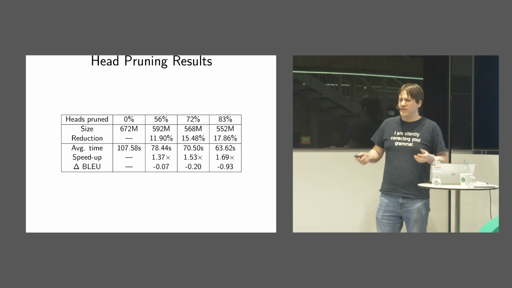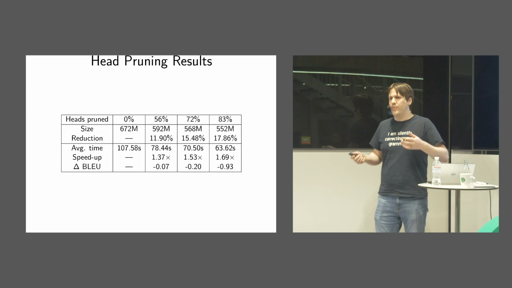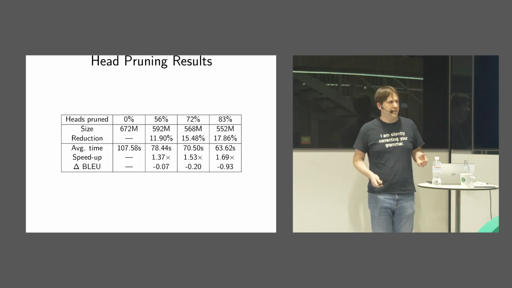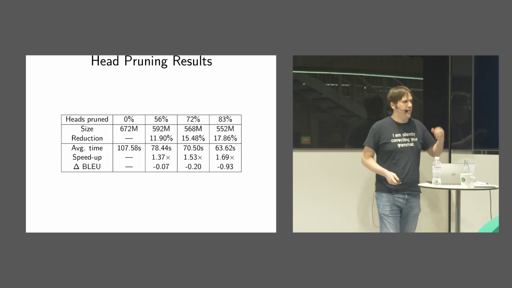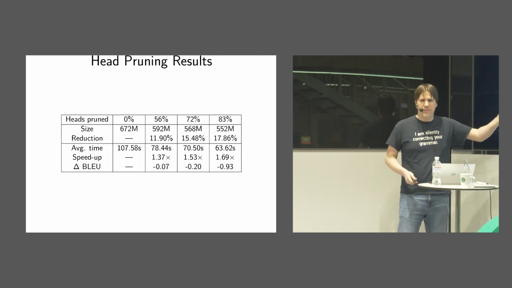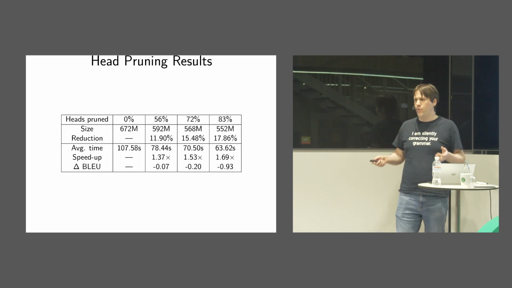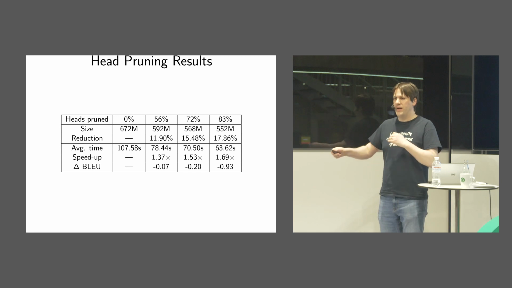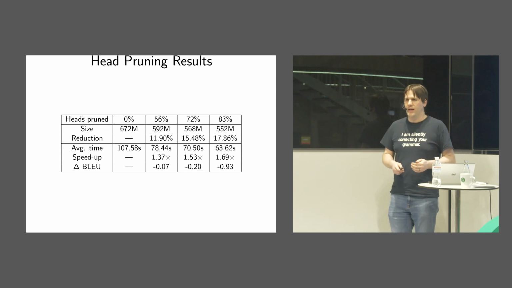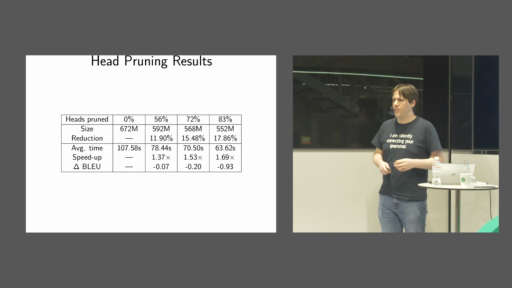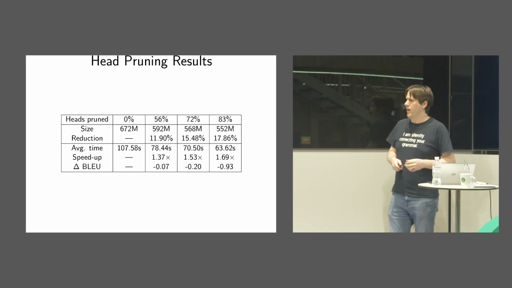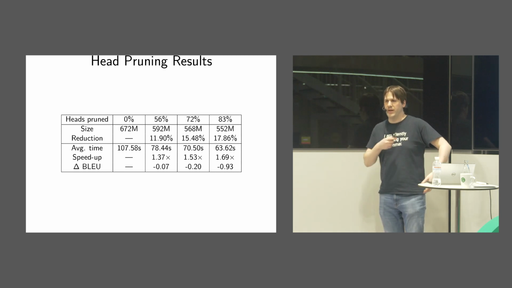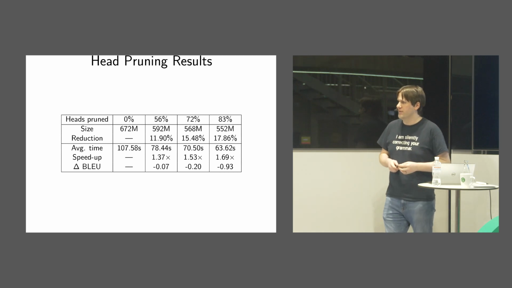And also we measured the speedup by, if we remove these heads, how much faster does it go in an actual translation model? And we're getting somewhat reasonable speedup, so 1.53x for a 0.2 BLEU loss. And this is going to create yet another trade-off between quality and speed that we can add to that Pareto curve we're trying to get. And we're still working on it in the sense that we should prove that this is Pareto optimal with respect to all the other optimizations.